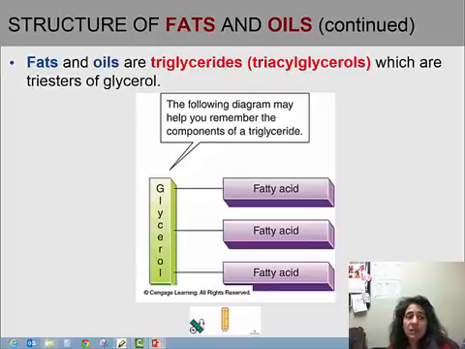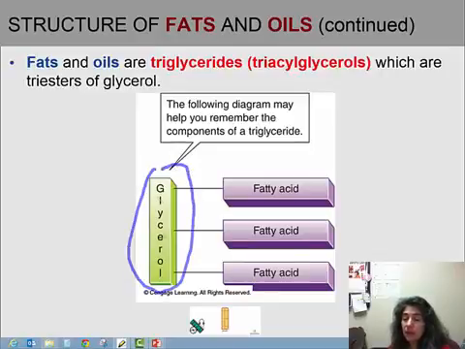But you can see here that we just have a molecule of glycerol, ends in OL, right? So we know it's an alcohol. And so whatever glycerol is, we know we have it. In order to connect our fatty acids, it actually has to have 3 OH groups on it at this juncture.